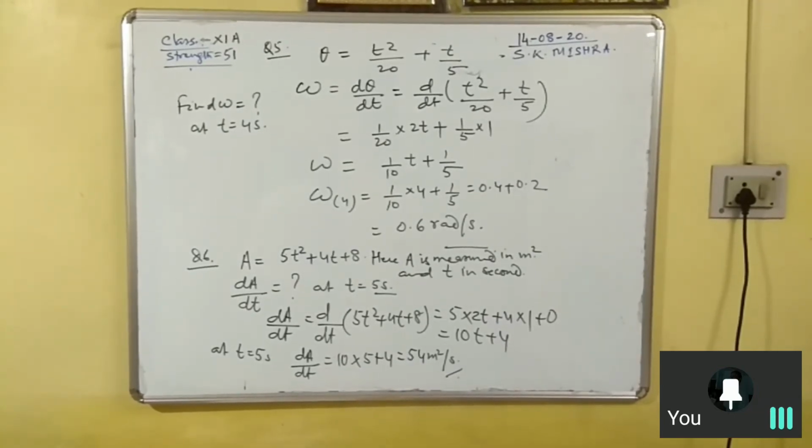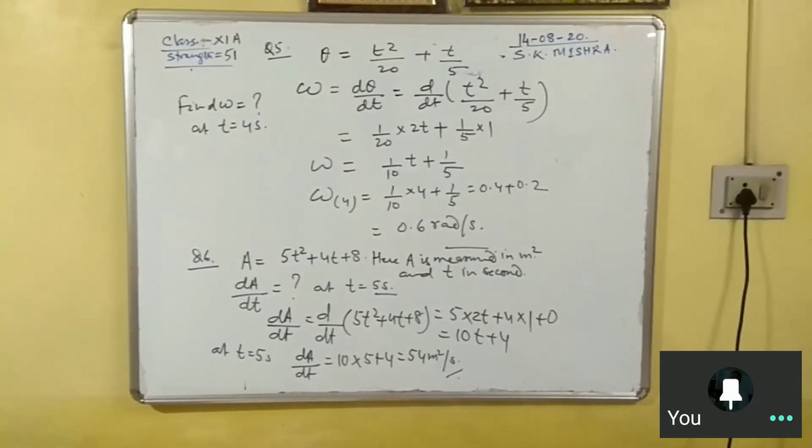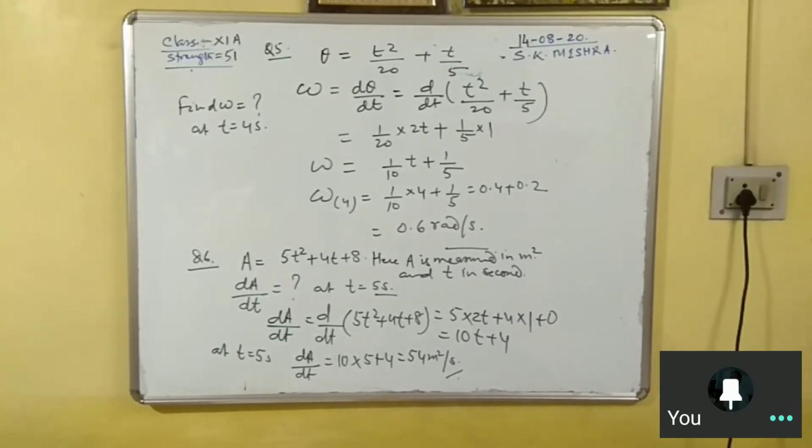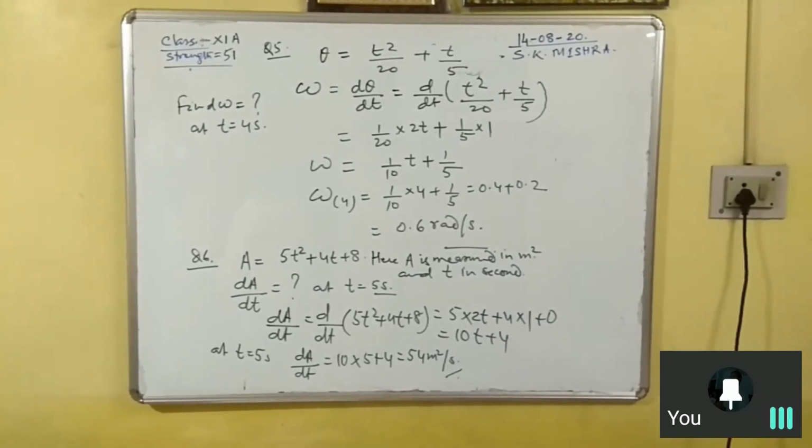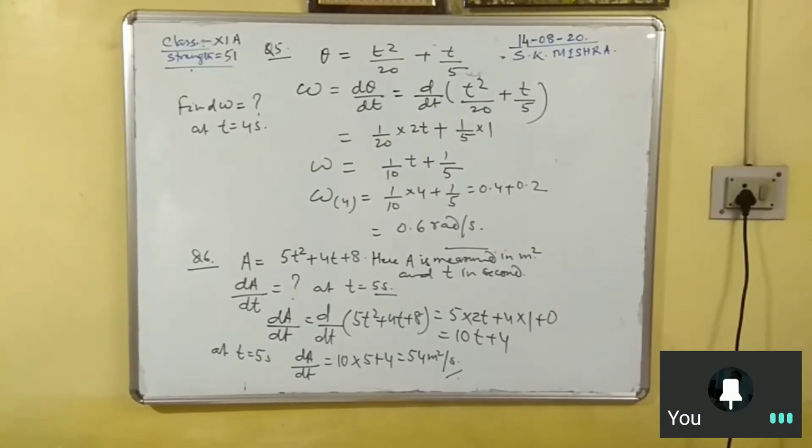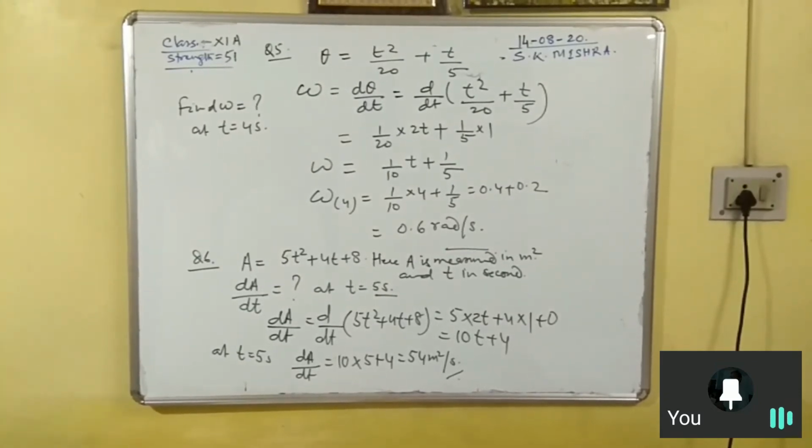Acha, how many students are there? Total strength, just see. 44. Now you can take the snapshot, attendance. Get ready for the attendance. Okay, take the attendance. Taken? Done.